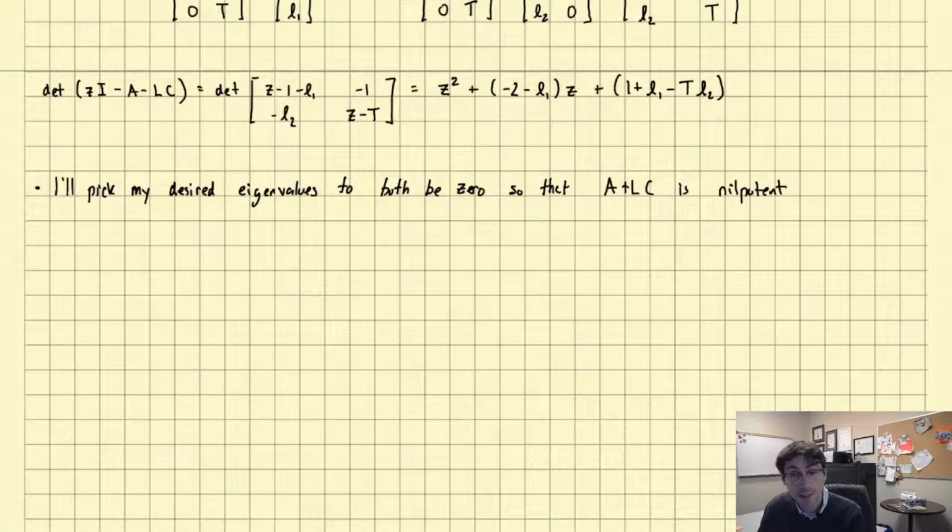What does that mean? It means that after a few iterations, this matrix to some power is going to go to 0. In fact, this matrix to the power of 2 will be 0, which means that our estimation error will go to 0 after 2 time steps.